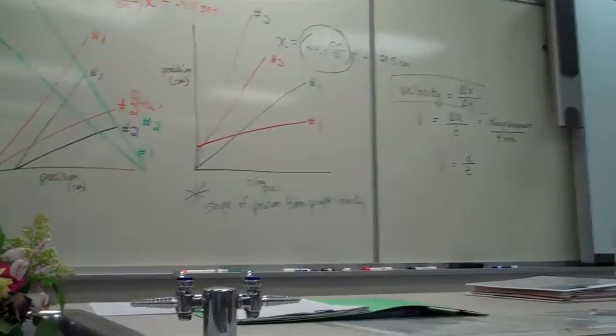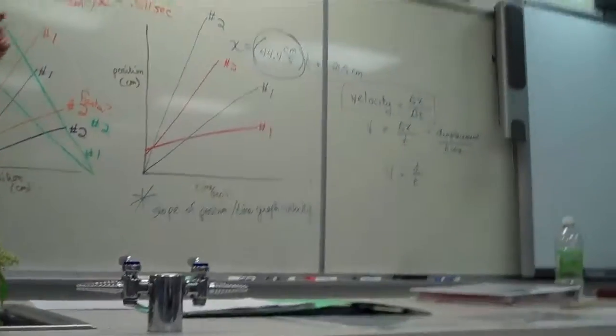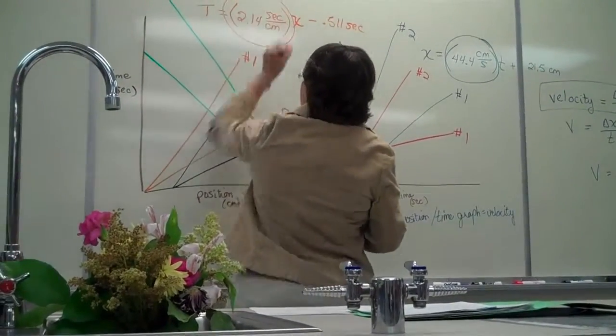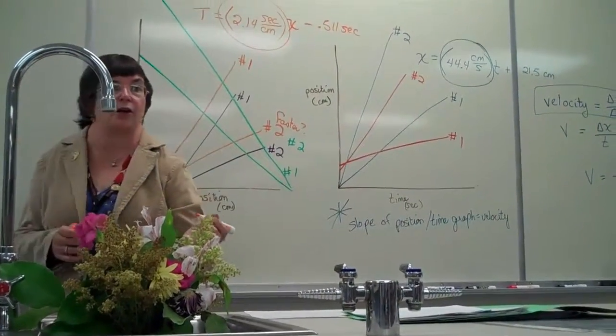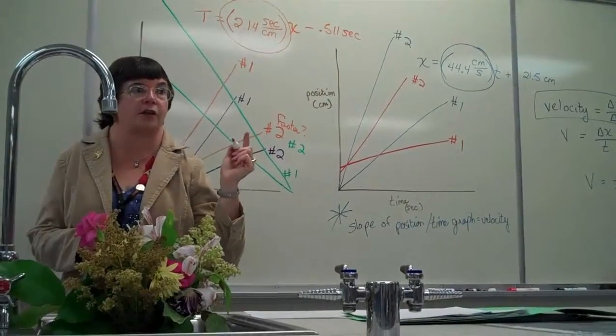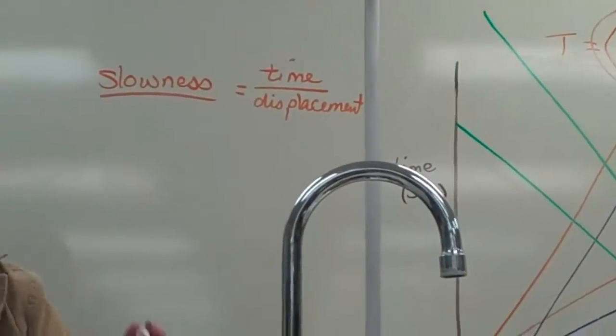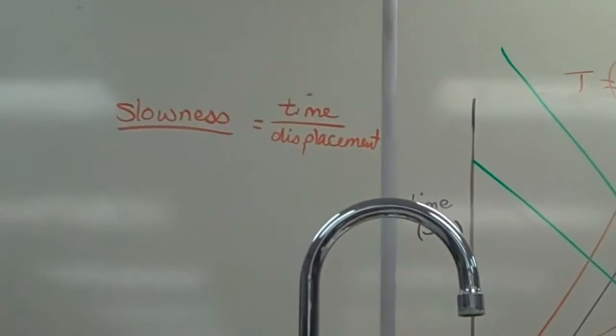Time position graph. Is seconds per centimeter velocity? No. Okay, this is a quantity, new term. So the slope here, that quantity is called slowness. So slowness is the time per displacement, or the time per change in position.